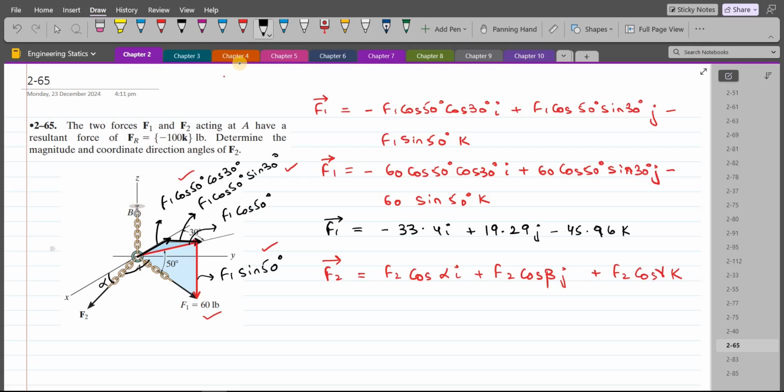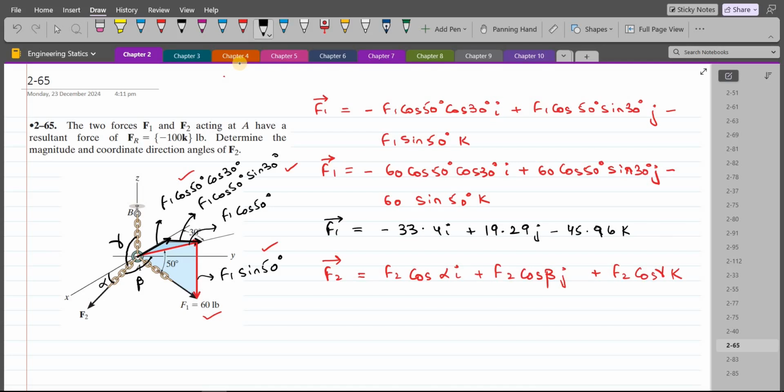This angle is beta, which is between the positive y-axis and the force vector F2. And this angle is gamma, which is between the positive z-axis and the force vector F2.